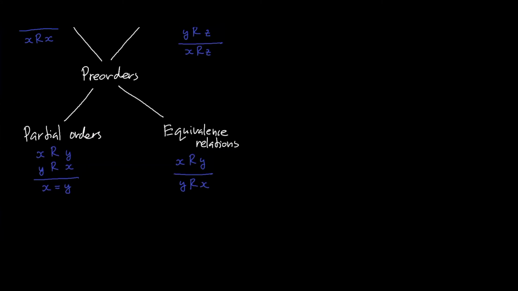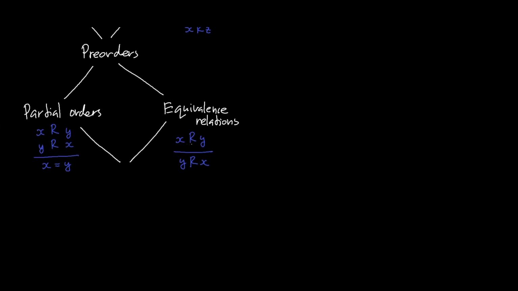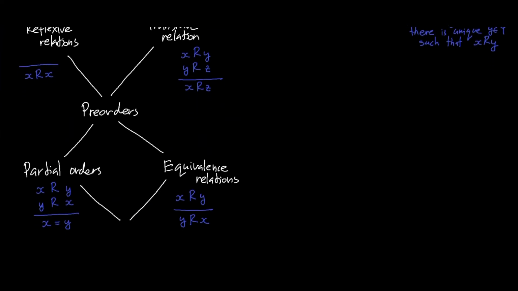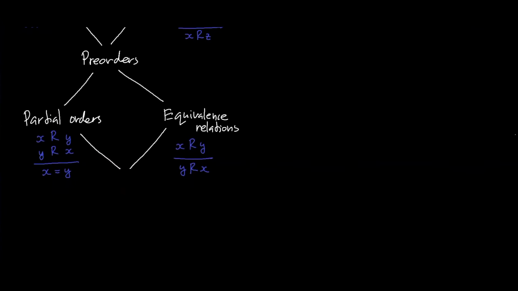So the overlap of these two, as we just remarked, will be those relations which relate things with themselves. And remember that an equivalence relation still needs to be reflexive. So everything will have to be related to itself. But then the only other things they can be related to are themselves as well. So we just get the equality relations.